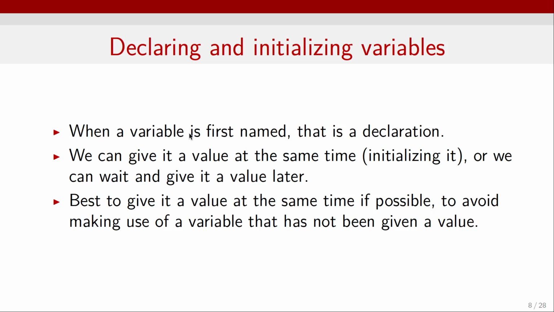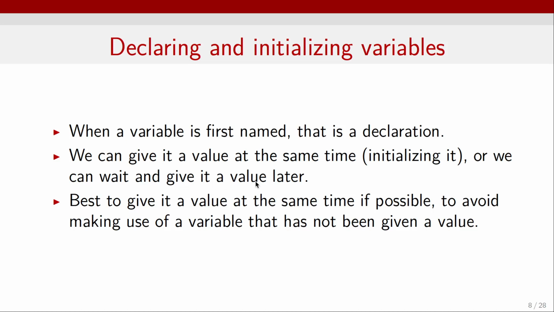When a variable is first named, that is a declaration. So I'm declaring that variable. We can give it a value at the same time when I declare it. That's called initialization. Or you can wait and give it a value later.